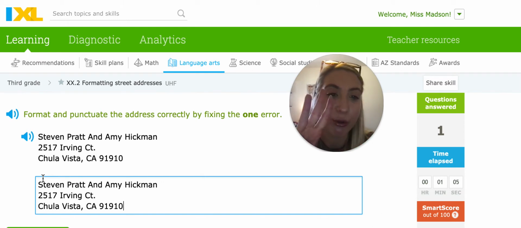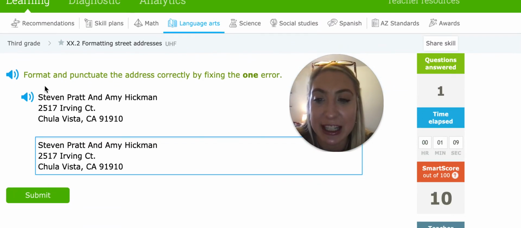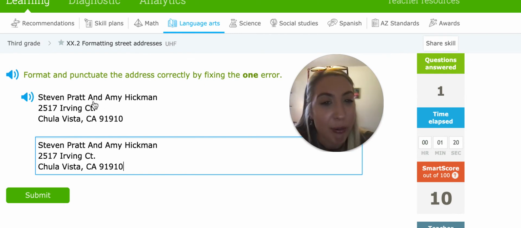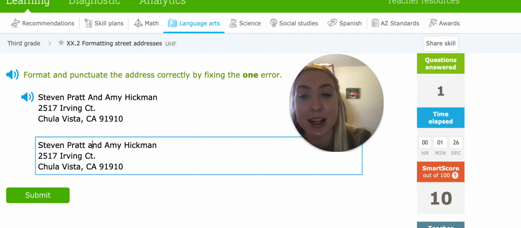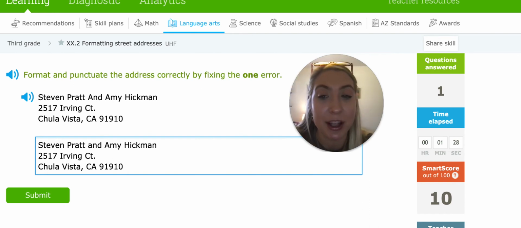So we're going to go through three examples just to talk about it. The first thing is the names are capitalized, yep, Stephen Pratt and Amy Hickman. But the conjunction, that's not a proper noun. Does that need to be capitalized? No, because we're only capitalizing the names, and a conjunction does not need to be capitalized. So the "and" is not capitalized.